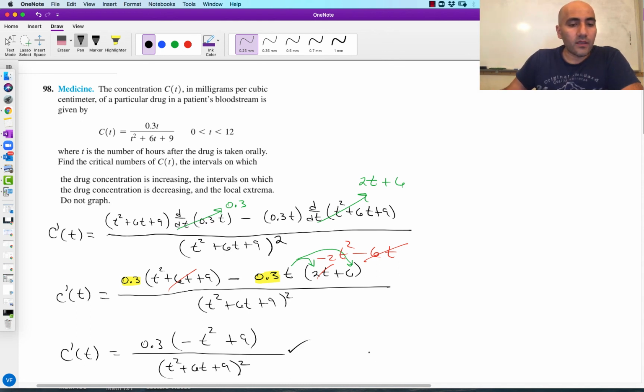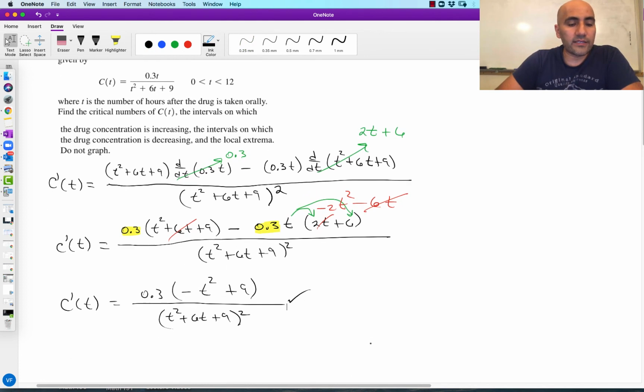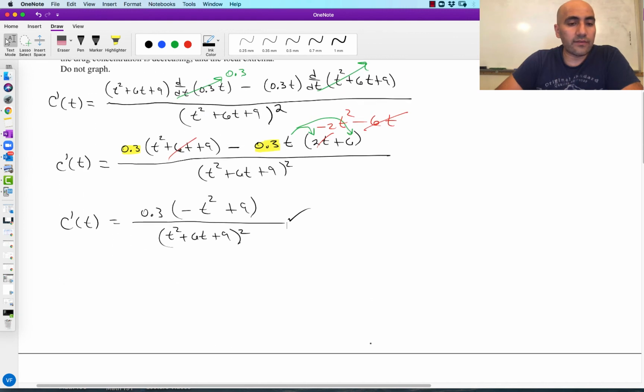Okay, so we have the derivative. Took care of that. Next, we had to find the partition points. So in order to find the partition points, we need to figure out all the places where this derivative is either 0 or all the places where it's undefined. So F prime of t does not exist when the denominator equals 0.